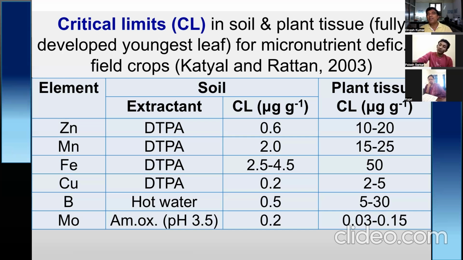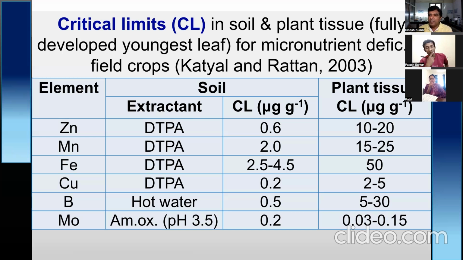So critical concentration is not for the whole life of the plant, and it is not uniform for all plants. It is not uniform for all soils. That is why many times you will see that they mention the stage also. So for example, in soil they have given the critical concentration, and for micronutrients, you know, they can be extracted by different agents.